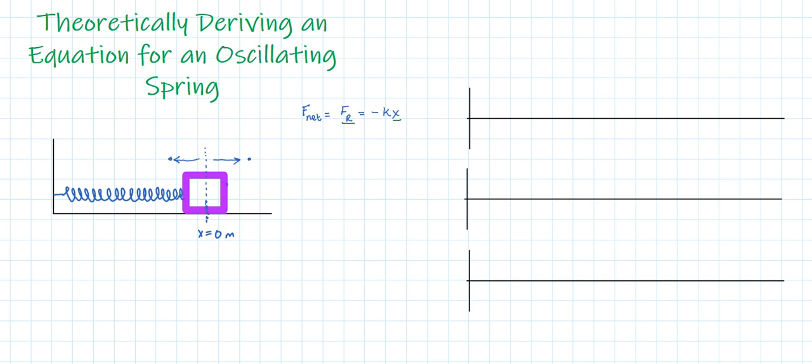This makes this particular system a simple harmonic oscillator, or we could say that it's undergoing simple harmonic motion. And remember, that makes it a specific kind of oscillatory or periodic motion.